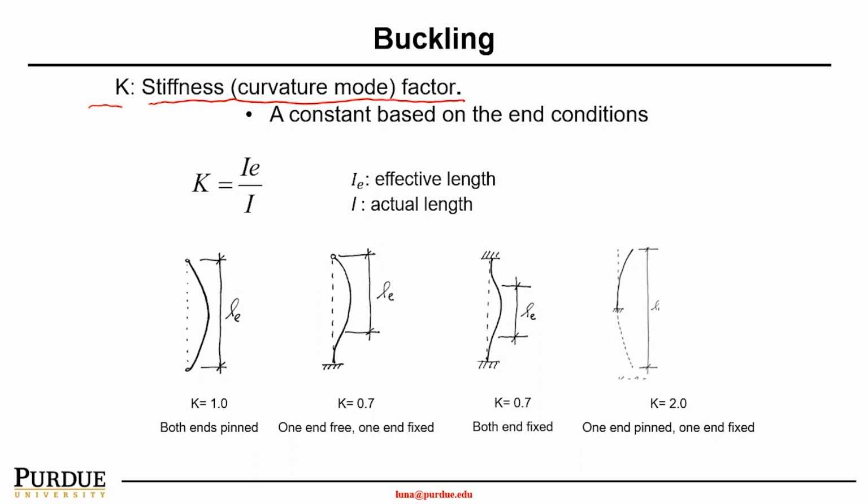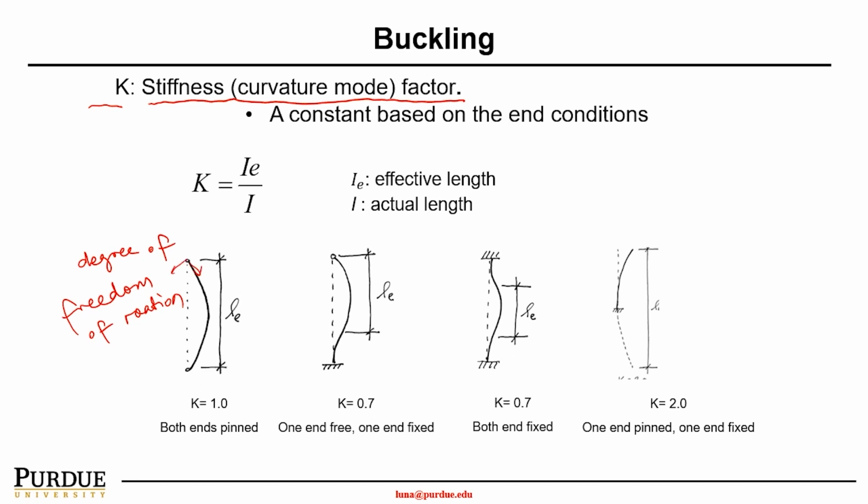For instance, if both ends are pinned, pinned means you have a degree of freedom of rotation. It's not completely free, but you could rotate it in this direction or this direction.